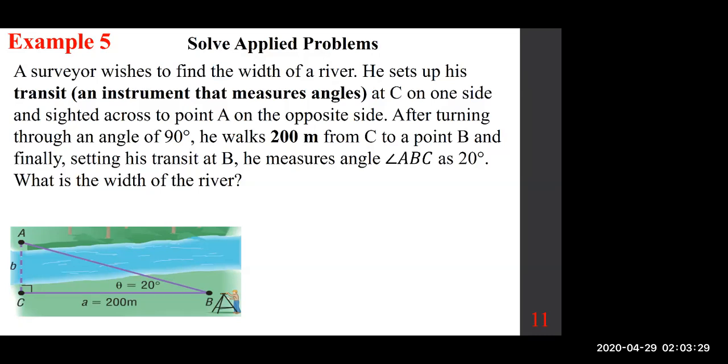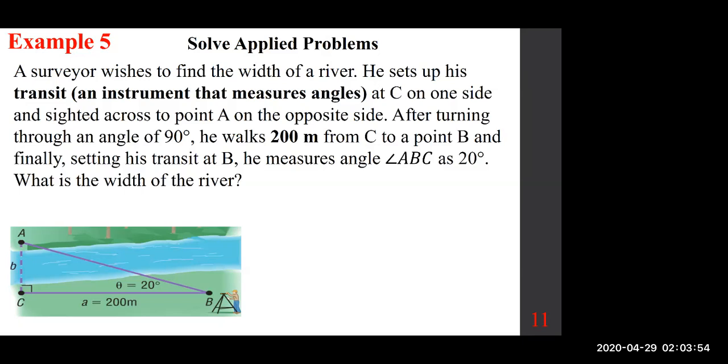Basically, he or she picks a couple of points. It is important that if you're along the river, you go straight along the river and the angle it makes to the line along the river must be a 90-degree angle.